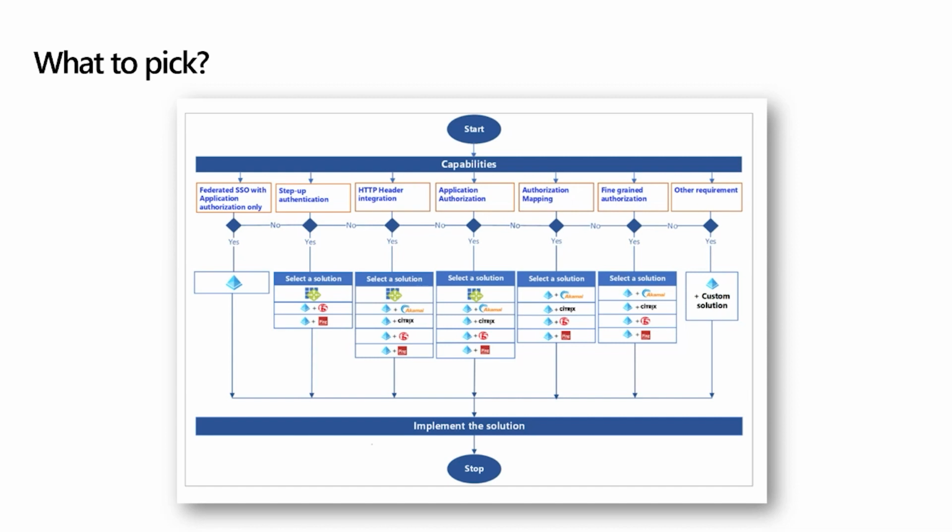That's a great question, and definitely those are things that we're looking at. We're always looking into adding capabilities to app proxy and improving that technology. So if you look at this chart, where, for example, the authorization mapping or fine-grained authorization pieces are not leading to the Azure AD app proxy, those are focus areas for us to look at on how we can also provide a native solution for these types of capabilities.